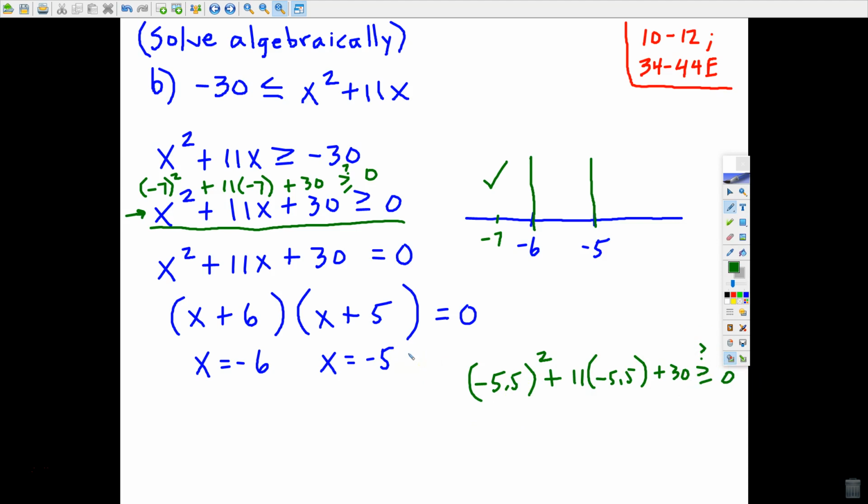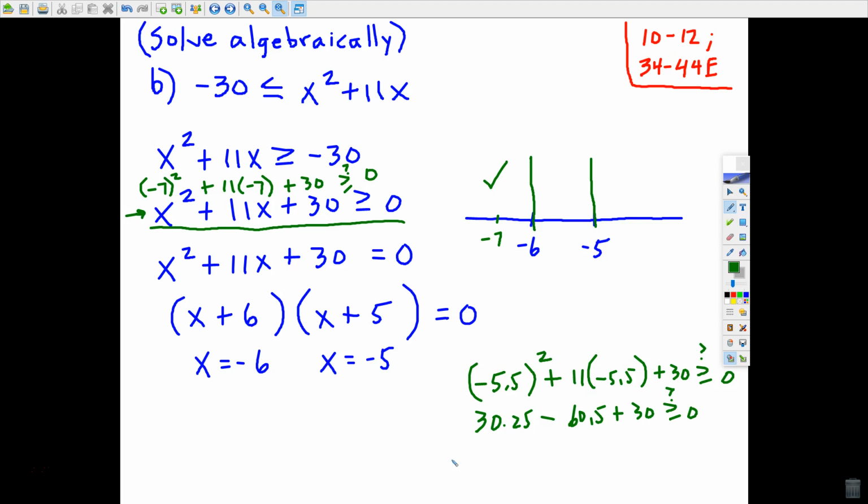Okay, might want to grab your calculator for this one. Negative 5.5 squared is 30.25. And then we're going to have 11 times negative 5.5. That's negative 60.5 plus 30. Is that greater than or equal to 0?